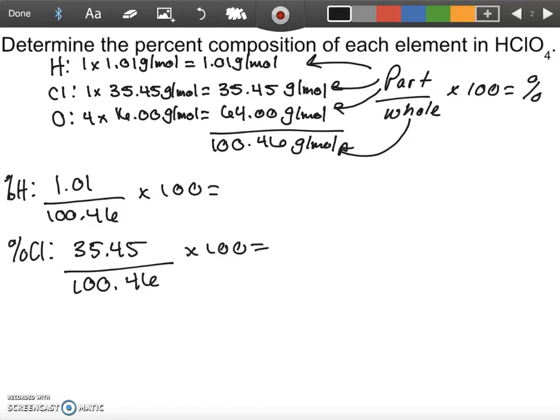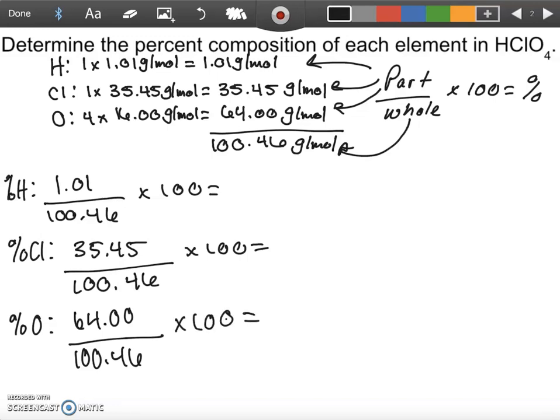Then for the percent oxygen, we've got 64 as the total mass it contributes. We'll divide that by the 100.46 molar mass times 100. And then we'll continue on with our calculation.